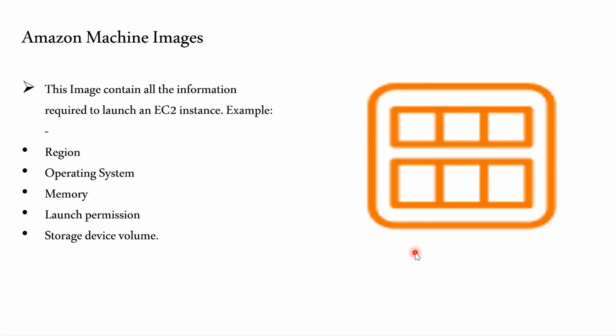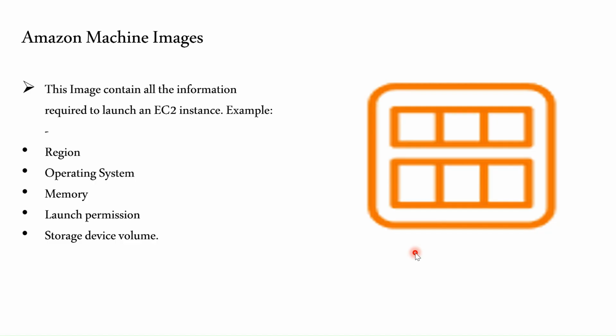Now, let's see what an Amazon Machine Image is. An Amazon Machine Image contains all the information which is required to launch an EC2. If you see my EC2 video where I am creating an EC2, we have to select the image. That is, I will not say prerequisite, but that is a mandatory thing. You have to select the image.